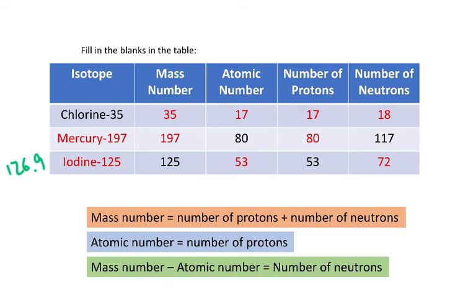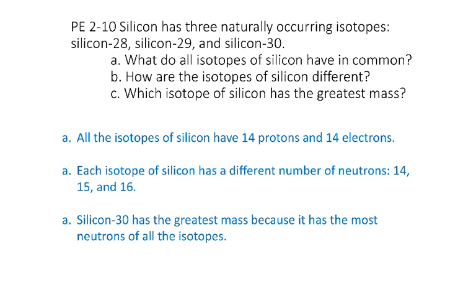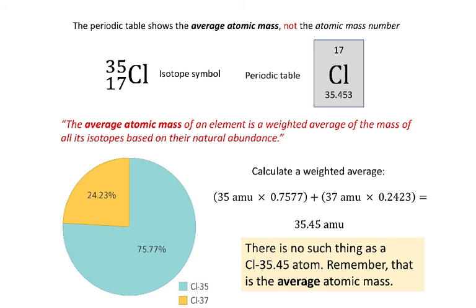If you look up mercury, Hg, element 80, the atomic mass is 200.6, and chlorine is 35.45. So that's not the same. Where do these numbers come from? Well, these numbers come as the average atomic mass of the naturally occurring isotopes. So the periodic table shows the average atomic mass, not the atomic mass number.